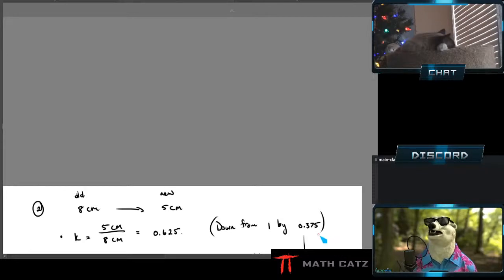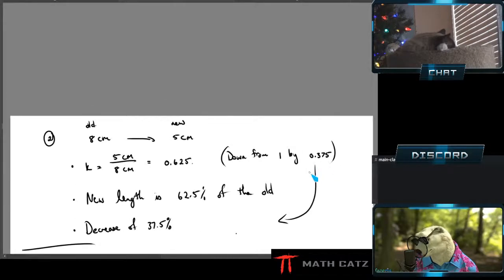So now I can use that to express the same information as a percentage. Just looking at the scale factor directly, the new length is 62.5% of the old. Smaller, right? If you hear someone say it's 62.5% of the old, you're thinking, oh, it's a little over half of what the old one was. Yeah, it is.